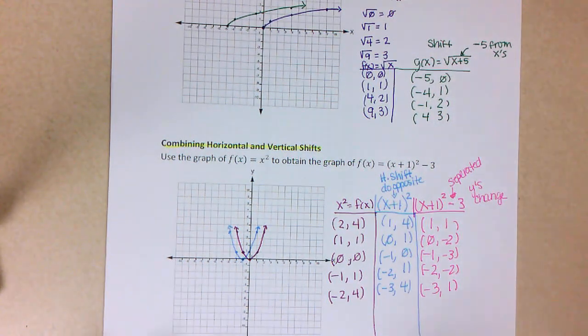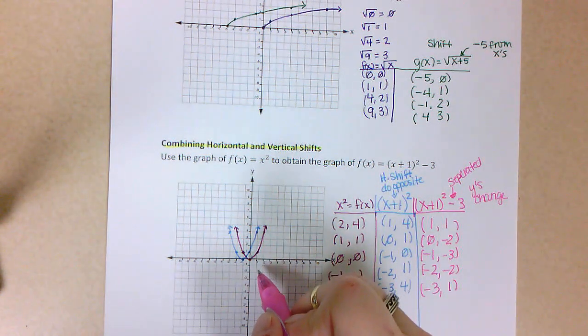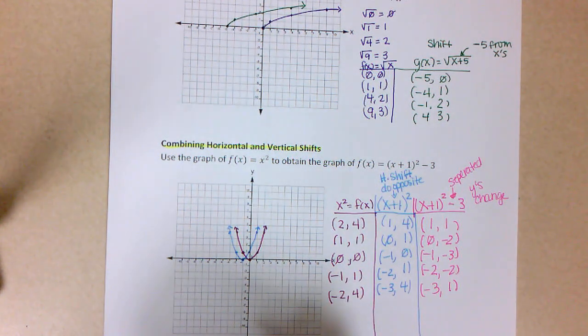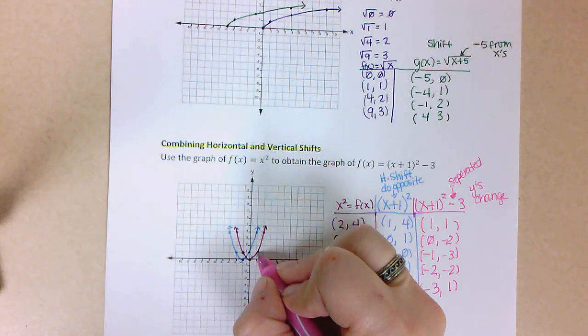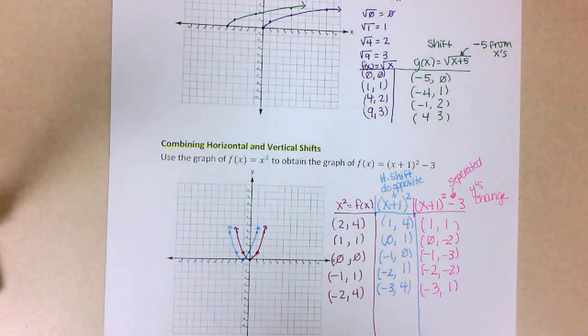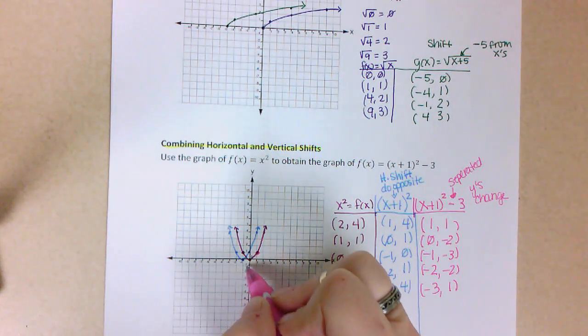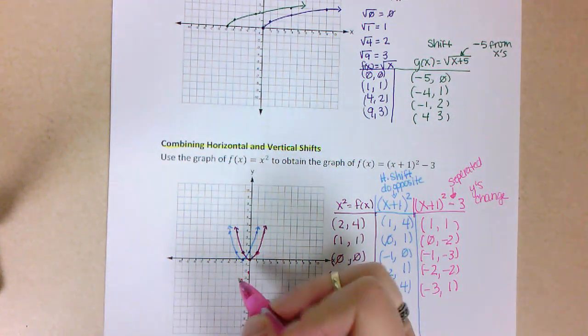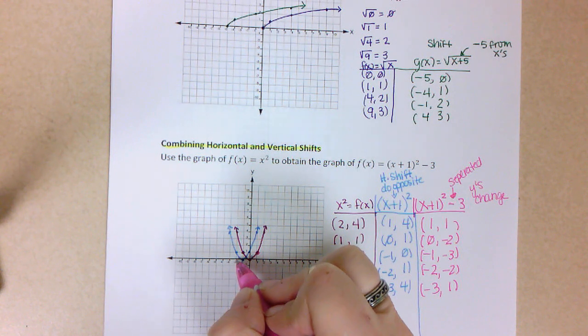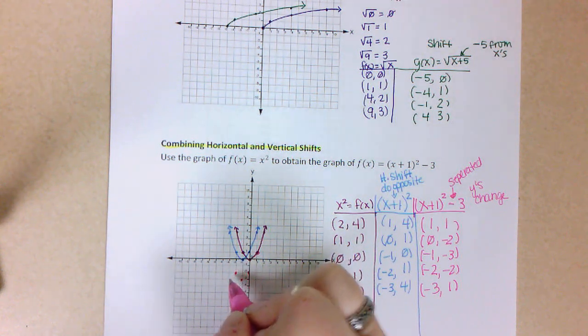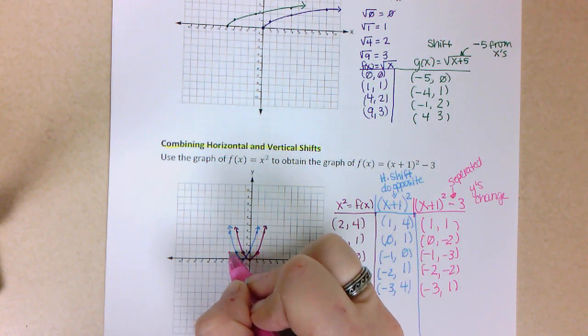And now we just graph those. So 1 and 1. Going to circle that guy because he's going to go there. 0, negative 2. Negative 1, negative 3. Negative 2, negative 2, and then negative 3, 1.